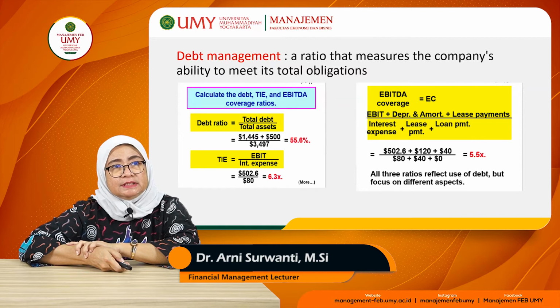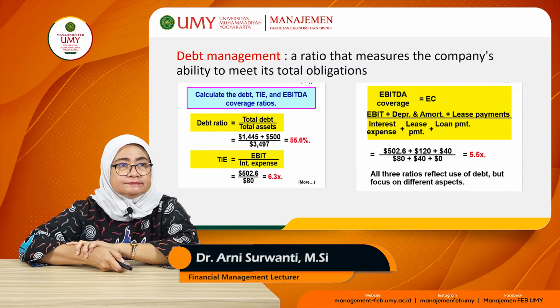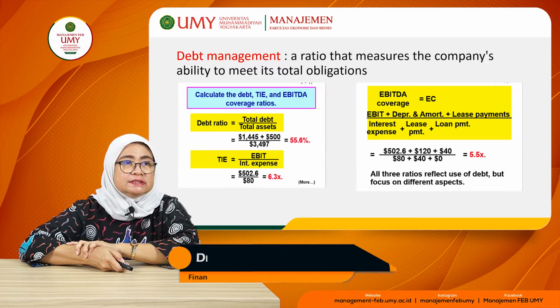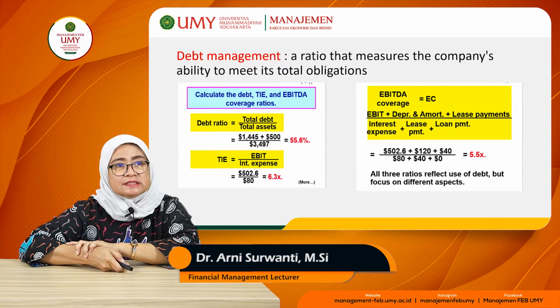Debt management. Debt management is a ratio that measures the company's ability to meet its total obligations. We can calculate debt management ratios with the debt ratio. Debt ratio is total debt divided by total assets. Or times interest earned ratio, which is earnings before interest and tax divided by interest expense.